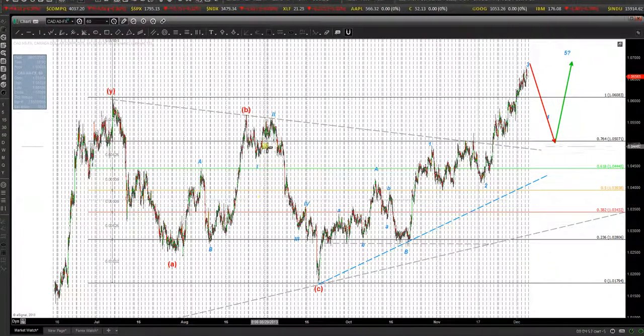Now for the Z, we had wave A, then B, and then last week we had this labeled as 1, 2, 3, 4.